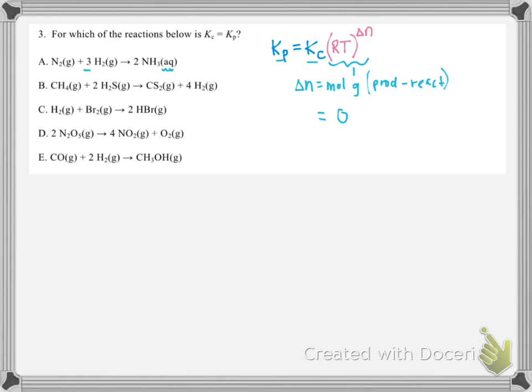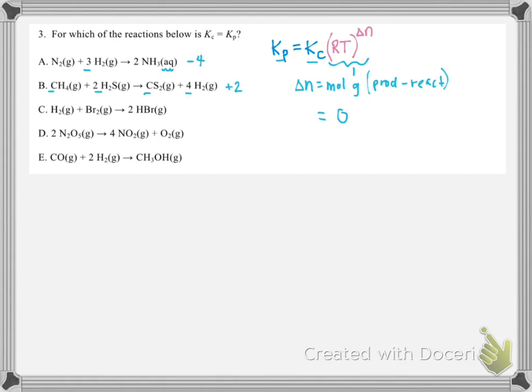This would have a delta n of -4, going from 4 to 0. In B we have 1, 2, so 3 moles of gas, becoming 5 moles of gas, so this is going to be a +2.